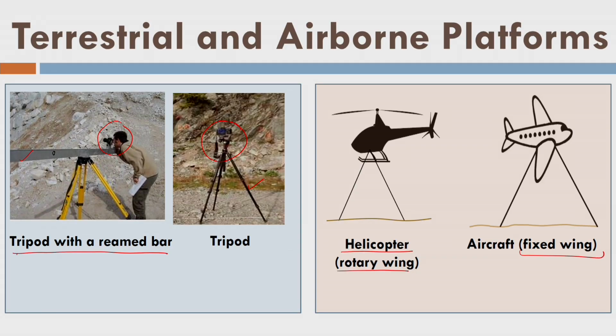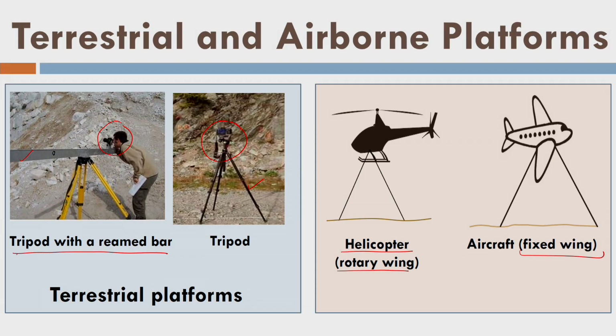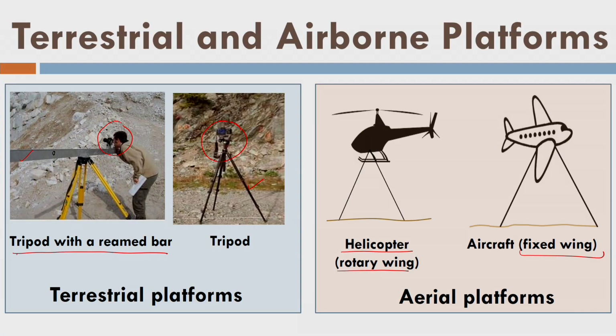So, now we have two terminologies here. If I use the camera on a platform on the ground surface, it is called a terrestrial platform, like this. Similarly, if I mount the camera in an aircraft or helicopter and they go up to a certain height, which is quite high, then we call it an aerial platform.